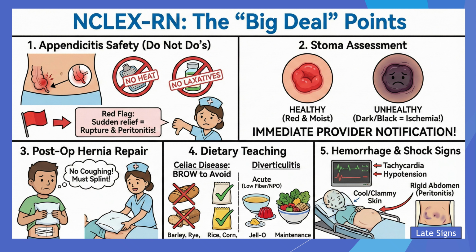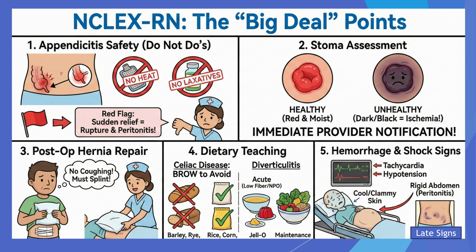The stoma assessment, a very critical observation. You must be able to identify a healthy versus unhealthy stoma, because as a nurse you have to make a skin assessment, and you need to know how to tell healthy from unhealthy.